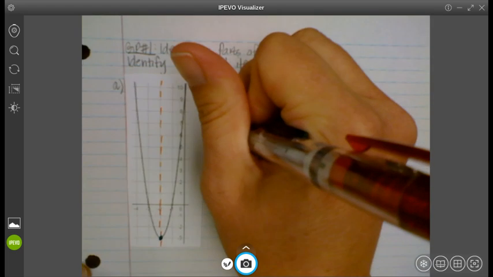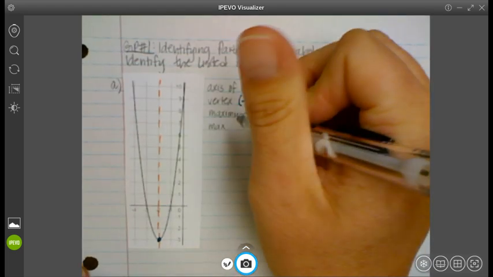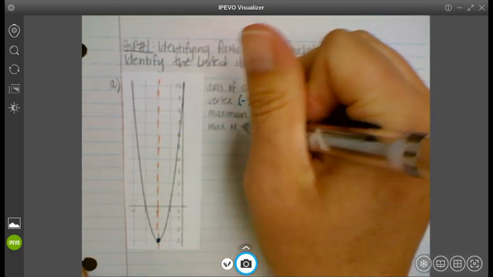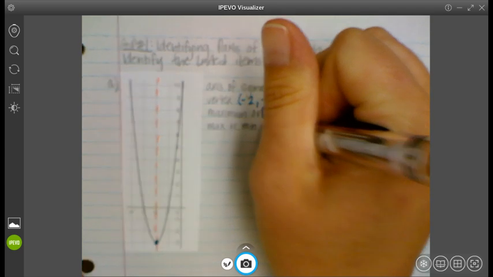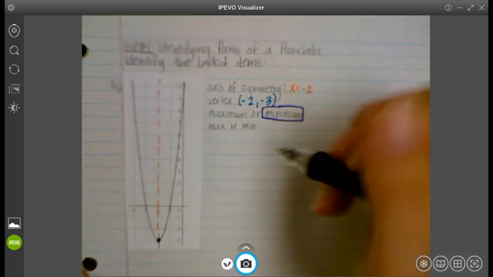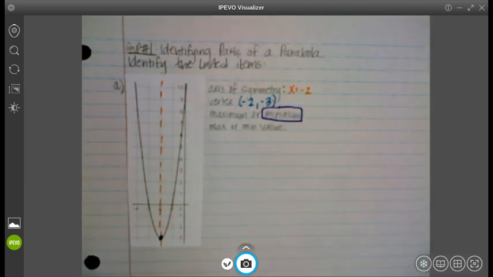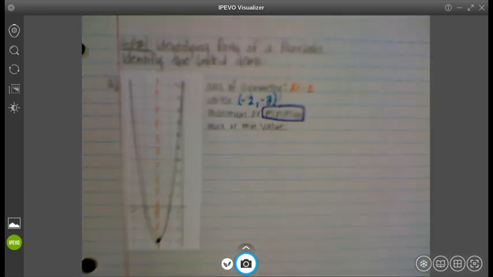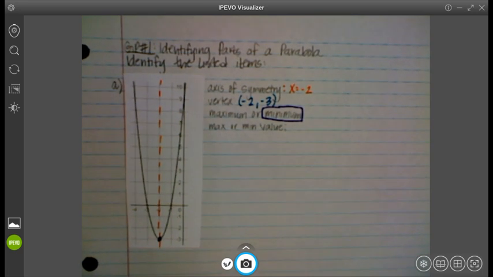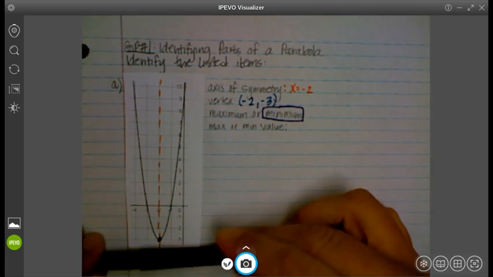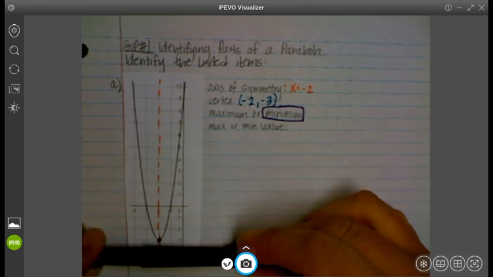The next thing is, what is the max or min? And I know we just identified it as a minimum, but what is the max or min value? So what is the very minimum value of our graph? So this number actually will pop up in a couple of other places. If it's the very bottom of our graph, we've talked about that this week.